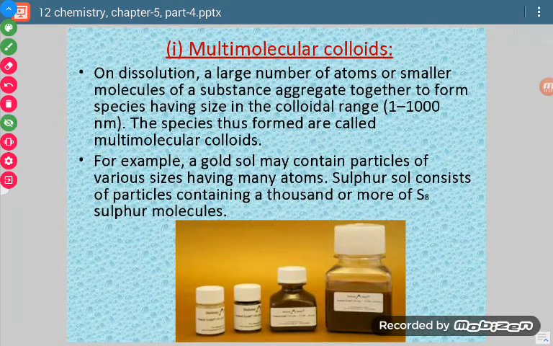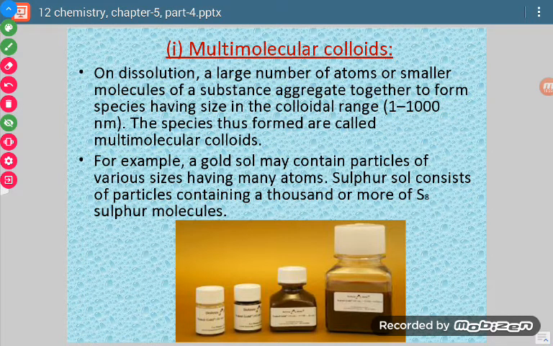Now first of all, multimolecular colloid. On dissolution, a large number of atoms or smaller molecules of a substance aggregate together to form species having size in the colloidal range. The species thus formed are called multimolecular colloids.